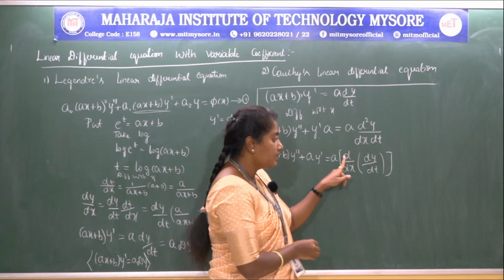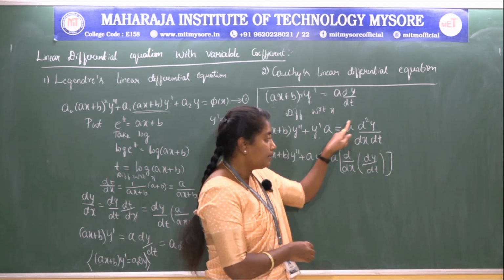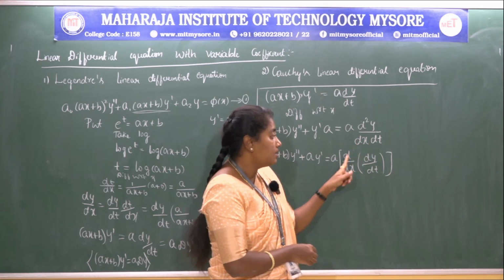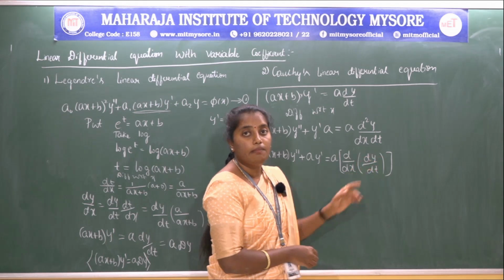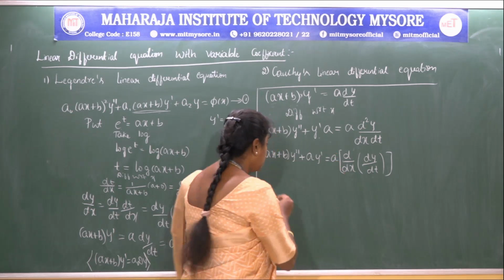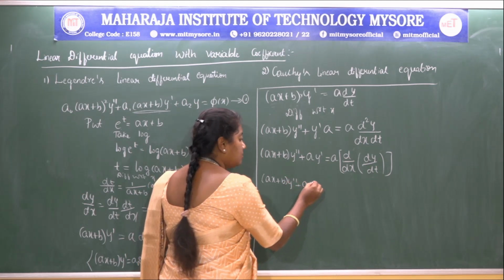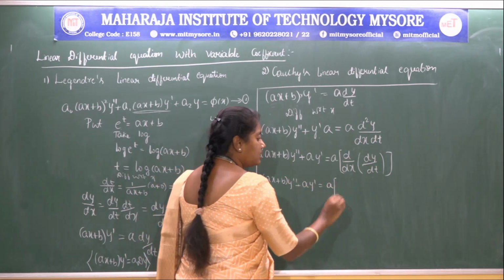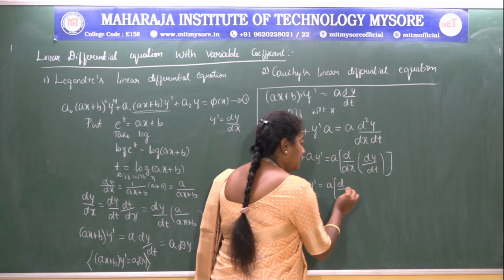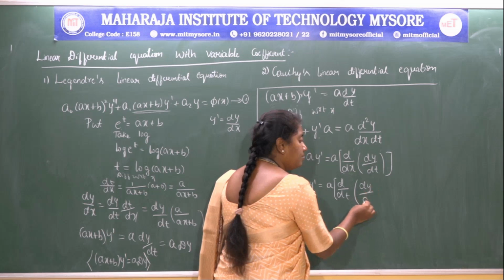Splitting this mixed partial derivative as d by dx of dy by dt, we get (ax plus b) y double dash plus a into y dash is equal to, writing the constant term as it is, and writing this d by dx as a composite derivative, we get d by dt, writing this middle term as it is, dy by dt.